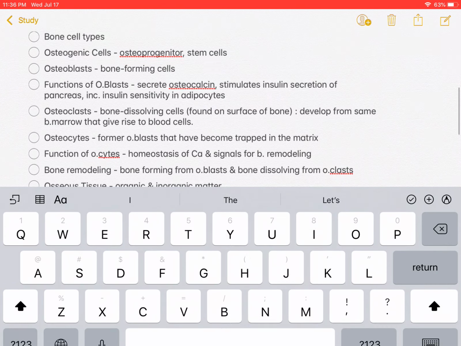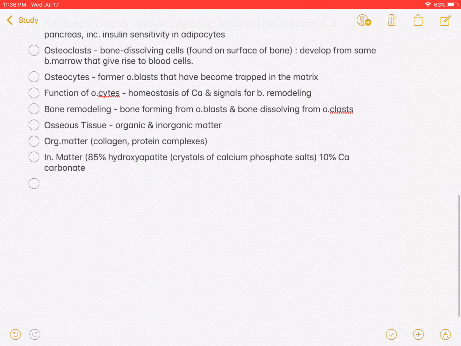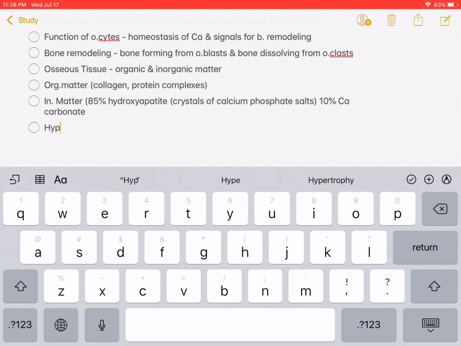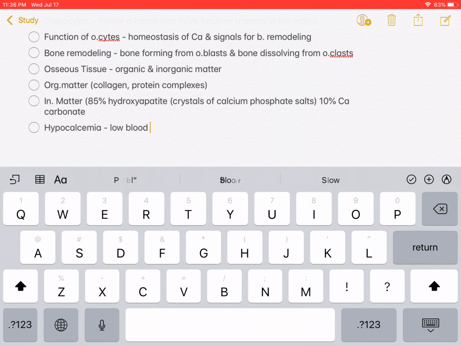One really important term that we should learn is what is hypocalcemia? And this is low blood calcium. We should also know what osteogenesis imperfecta and rickets is, what that actually means.